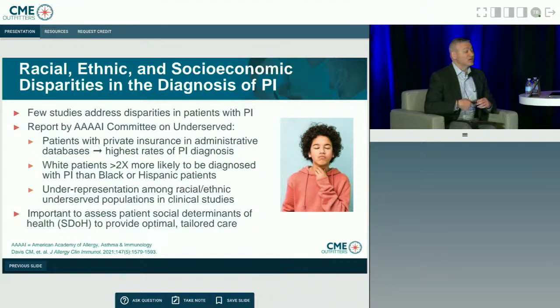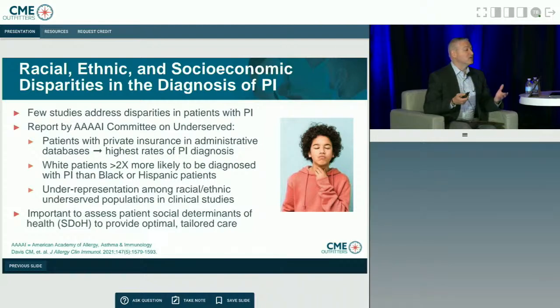White patients were greater than 2 times more likely to be diagnosed with primary immunodeficiency versus Black or Hispanic patients. And there was a significant underrepresentation among racial and ethnic underserved communities in clinical trials. And that is a focus for a lot of academic centers right now, to reach out to underserved communities to participate in very important clinical trials to discover new treatments and diagnostic modalities for these diseases.